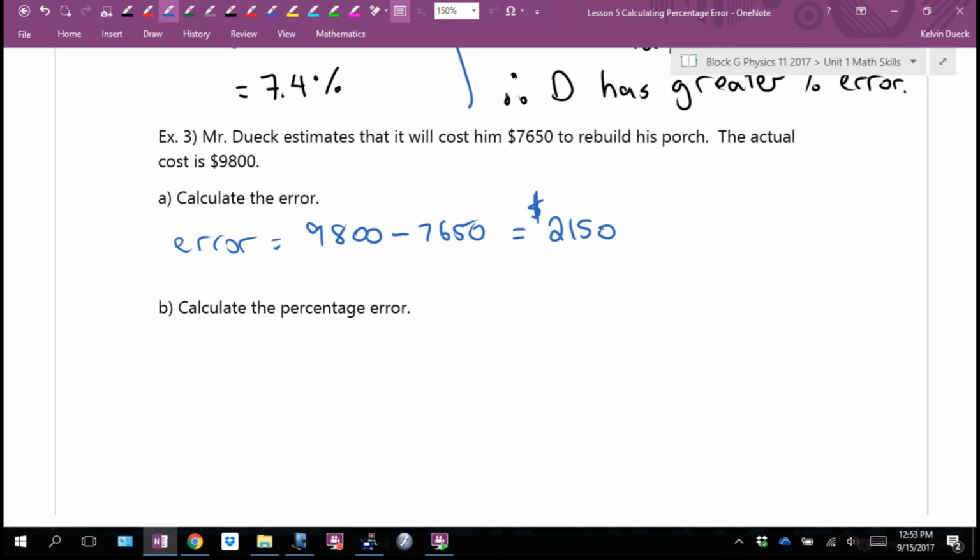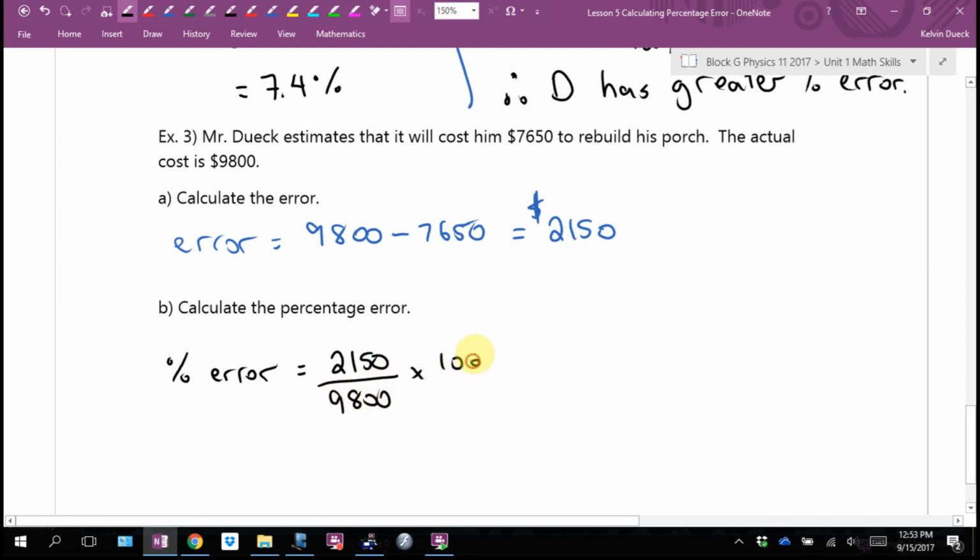Now, let's suppose that we were bidding on a bridge and the bridge was like $150 million. If you were off by that much, your percentage error would be really small. You'd be almost bang on. As compared to on this deck, this is why percentage error tells us more than actual error. You need to know, well, what was I comparing it to? How close was I as a percentage? So, percentage error: 2,150 divided by the value that I know is correct, 9,800 times 100%.